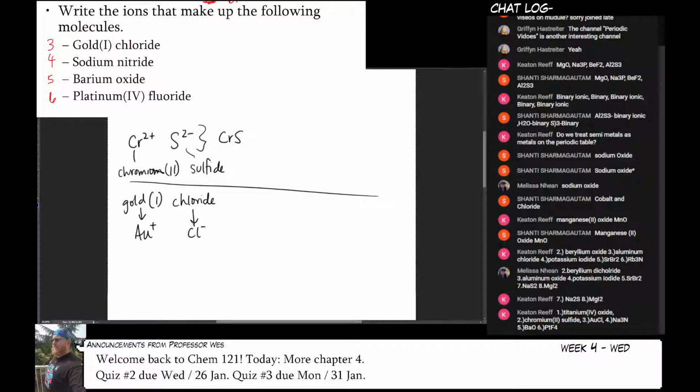Chloride is this. And then I can balance out the charges. Just need 1 of each, so there you go. And you notice that I'm starting to mix in elements that do not need Roman numerals and elements that do, because you're going to get just a random assortment of them.